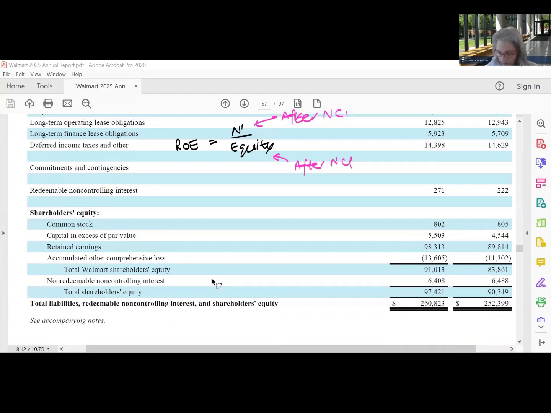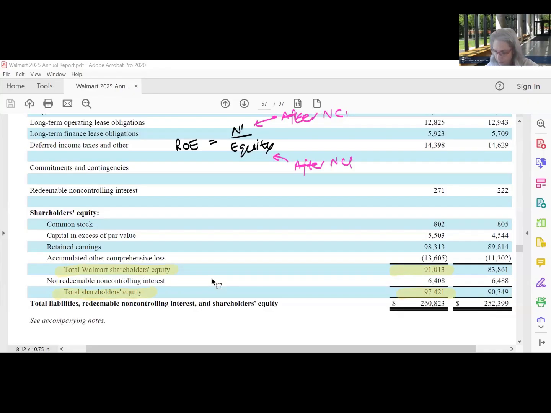So if we look at shareholders' equity, we can see that, again, there are two items here. Total shareholders equity of 91, and then there's also a total shareholders equity of 97.